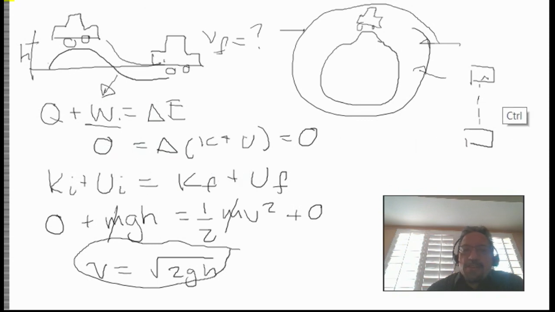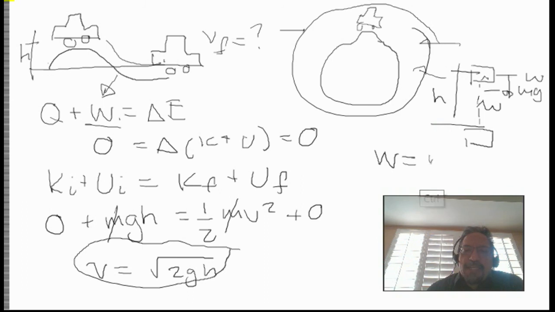In the case, the work done, for example, by weight, the magnitude of the weight is mg, so when you drop an object by a distance h, then your work is going to be mgh positive. So as you can see, you will have a work that is positive and a change in kinetic energy that is also positive, and it works out in exactly the same way.